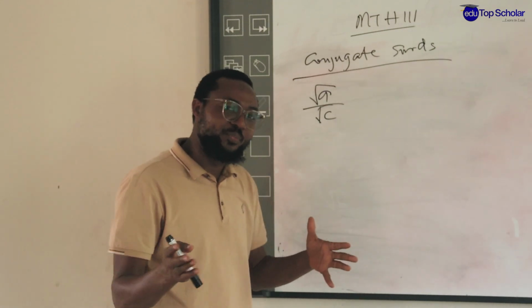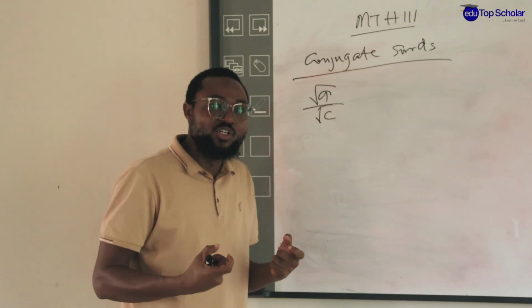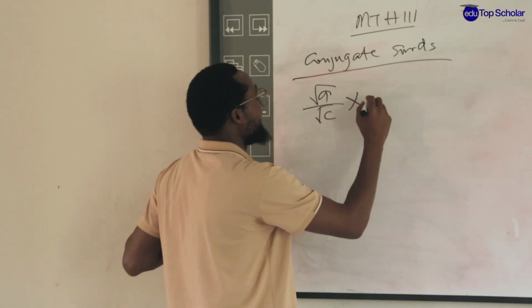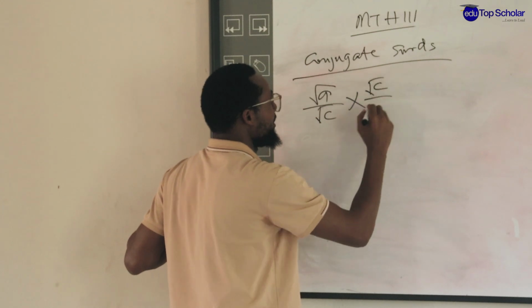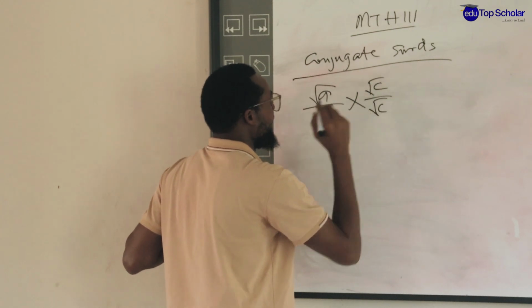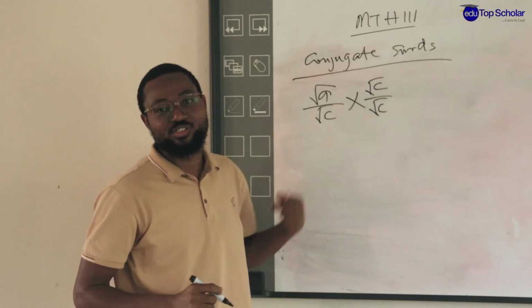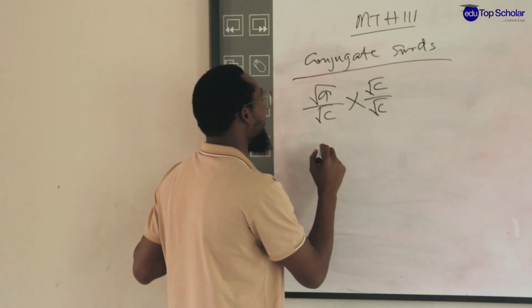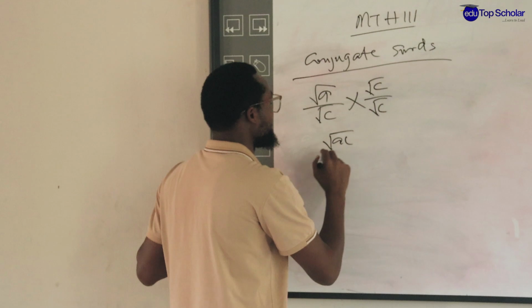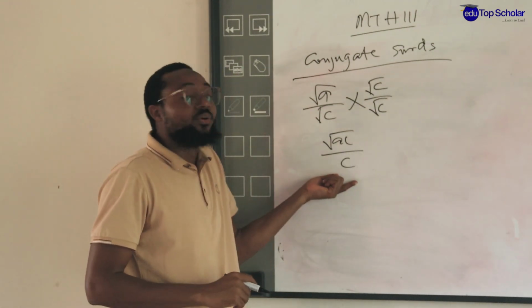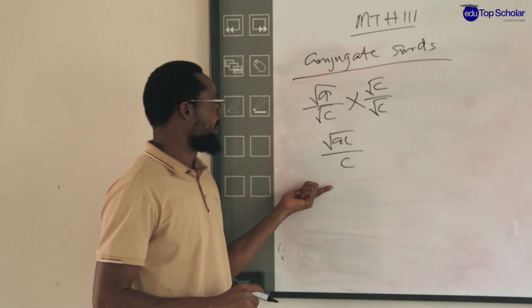You can hardly perform operations when you have an irrational number in your denominator. So I multiply the numerator by root C and the denominator also by root C. By so doing, I eliminate the surd in the denominator, and we have root AC over C. We can perform operations easily with this.